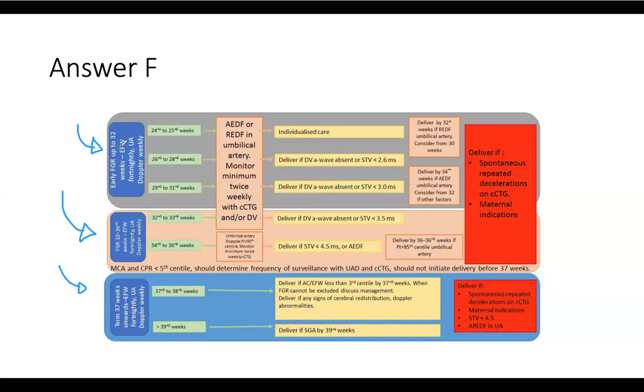The umbilical artery Doppler will be done every how many weeks? Weekly. Every time I check and it's normal, I repeat it next week.